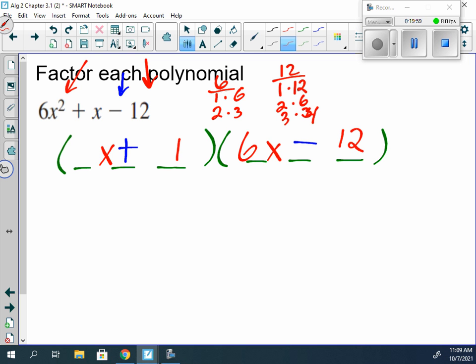Well, 6x and 12 have a greatest common factor of 6, so that doesn't work. Okay, I would agree. Now, if we go through all the 1 and 6, or 2 and 3, then we might need to come back to 1 and 6, but I don't think we'll need to.